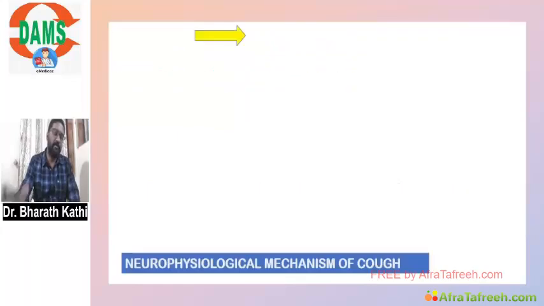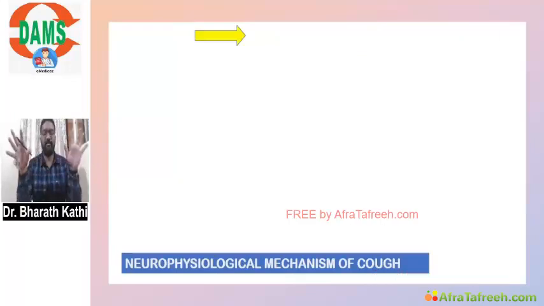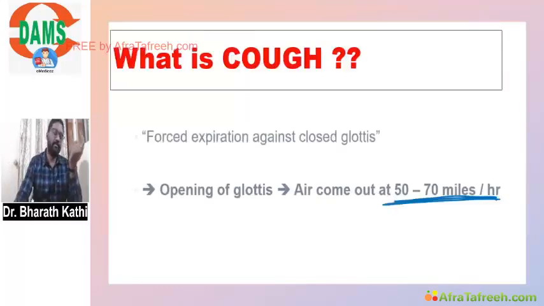Now let us see the neurophysiological mechanism of cough. How is cough happening? This is very commonly asked. The examiner will ask you, tell me the mechanism of cough, and you will be actually clueless. Now cough is also a reflex happening in your body.